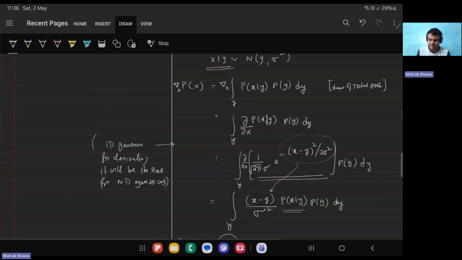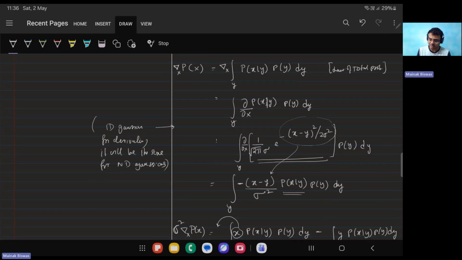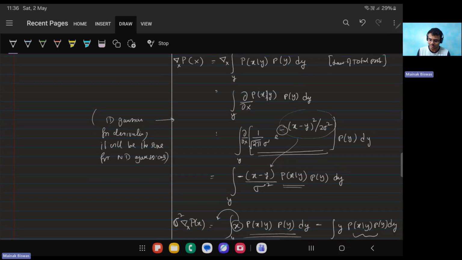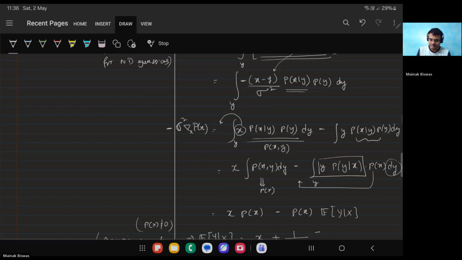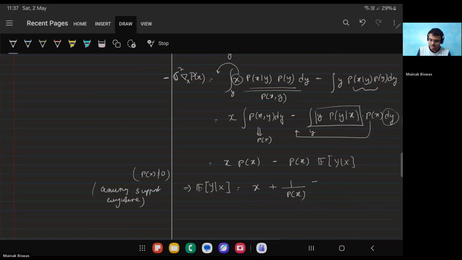Is there a negative sign over here? Yes, there is. Sorry. There's a negative sign over here because I took the derivative and this is a negative here. So I forgot the negative. So this is minus sigma squared gradient of p of x.